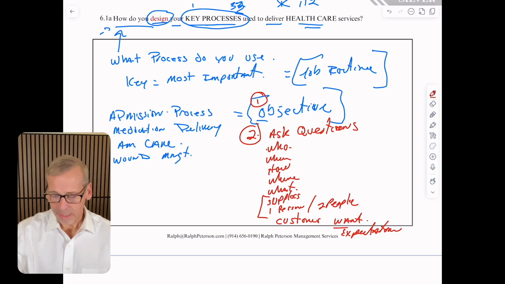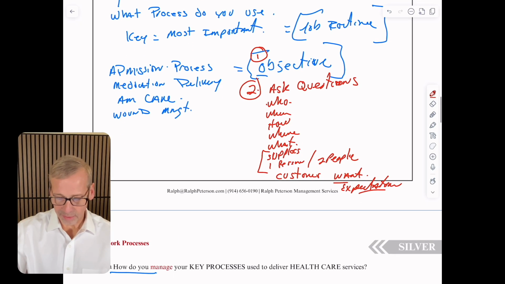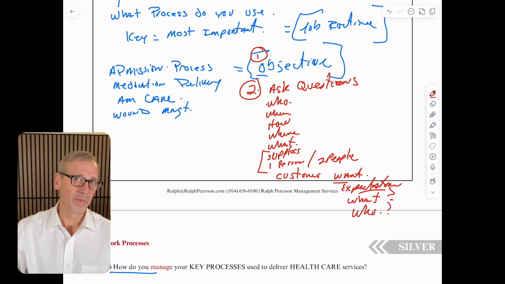And if there are expectations, what are they? And who specifically does it involve? And how does it involve them? It's a good question.